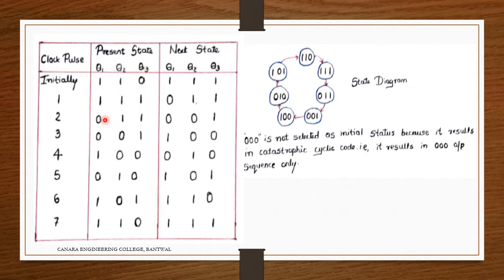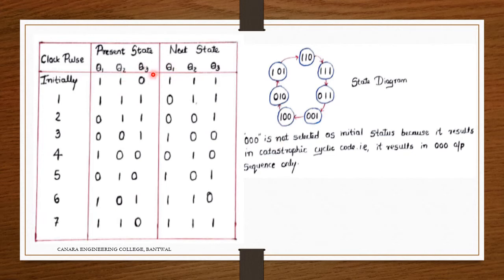It will be only 0; it will not go to any other state. This type of initial state results in the catastrophic cyclic code. We saw it as a catastrophic cyclic code, and it results in the 000 000 output sequence only. If you take 000 as the initial state, the output also will be the same state.